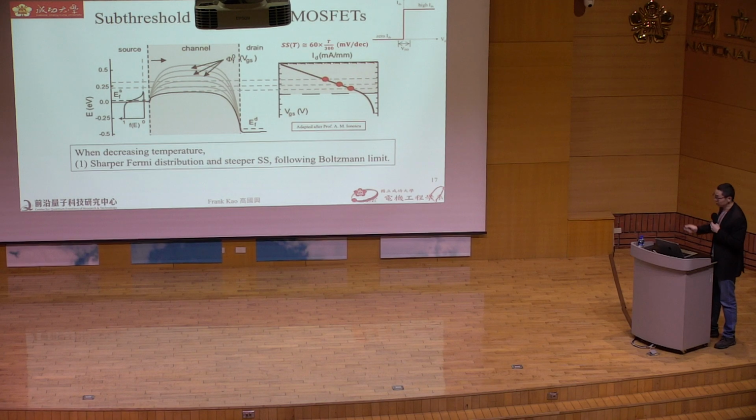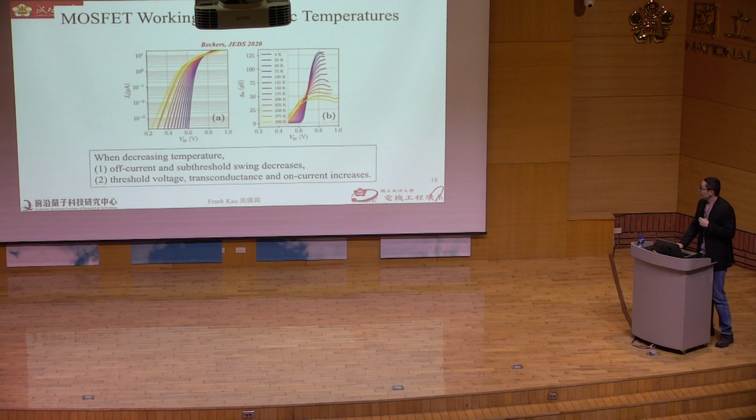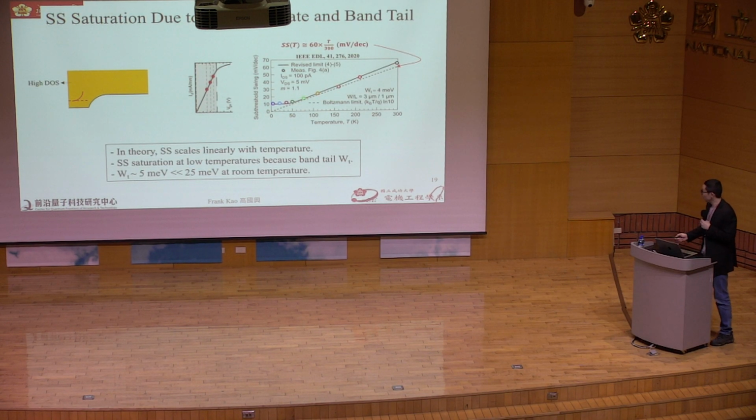That means a steeper subthreshold slope. That's what we want. And this is the experimental result. When you decrease temperature from 300K down to 4K, you can see the slope is getting steeper. And you also see the current is higher. That's because of less phonon scattering when you reduce the temperature.